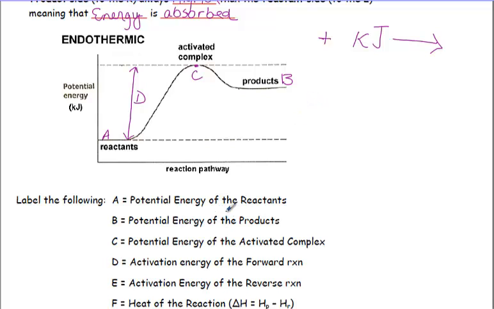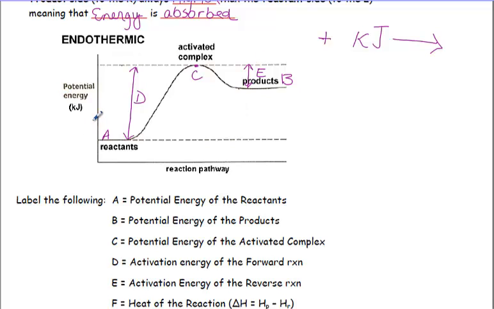Now it's going to be reverse, obviously, for the reverse reaction going this way. So the letter E, the activation energy of the reverse reaction, because it's going in the opposite direction now, is going to be here. It would be the difference between the energy of the products and the energy of the activated complex. So that's where E would be located.